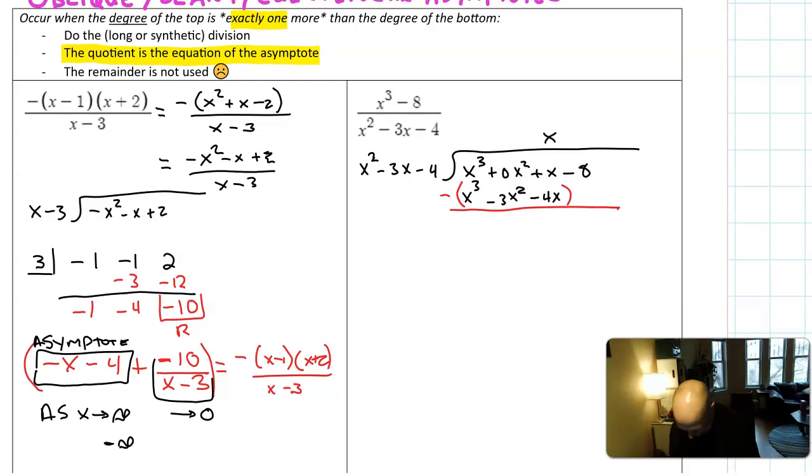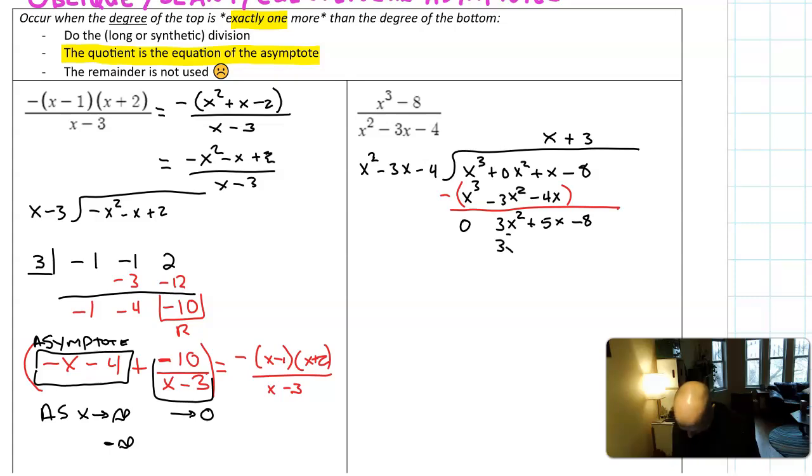Be careful with your subtraction here. Biggest place to make an error, always. 0, positive 3x squared, 5x minus 8. Okay, now x squared needs to go into 3x squared, so that's going to be plus 3. And let's do this in.